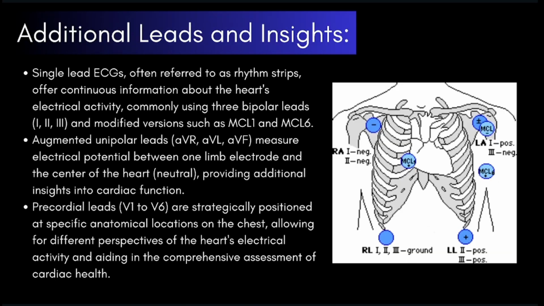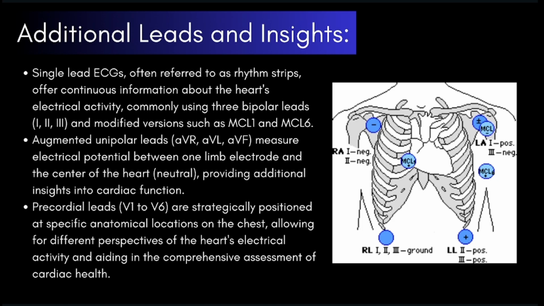Moving on. Next, let's talk about some additional leads and insights. Single lead ECGs, often referred to as rhythm strips, offer continuous information about the heart's electrical activity, commonly using just 3 bipolar leads, 1, 2, and 3, and modified versions such as MCL1 and MCL6.